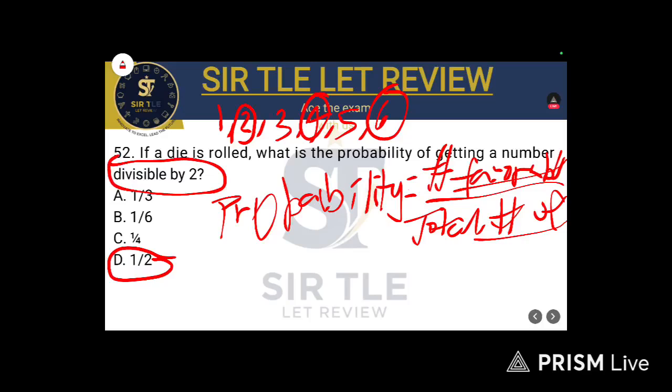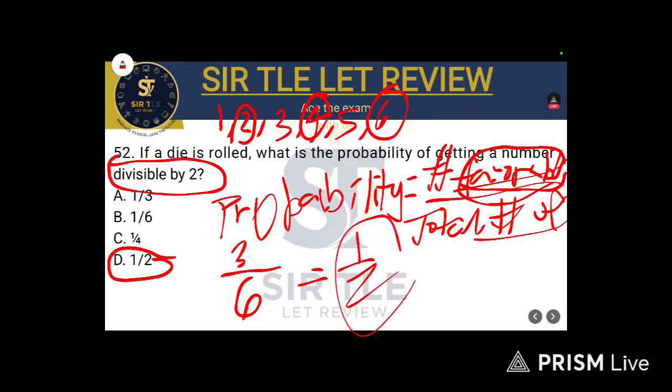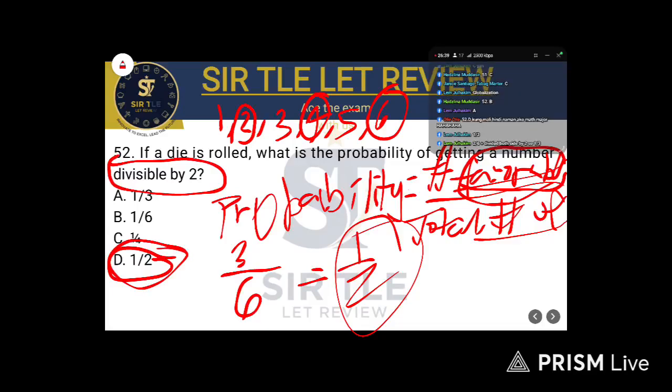So there are three favorable outcomes, and the total number of outcomes is 6. So 3/6, that is 1/2. The answer here is letter D. Very good, Sir Oli, at last.